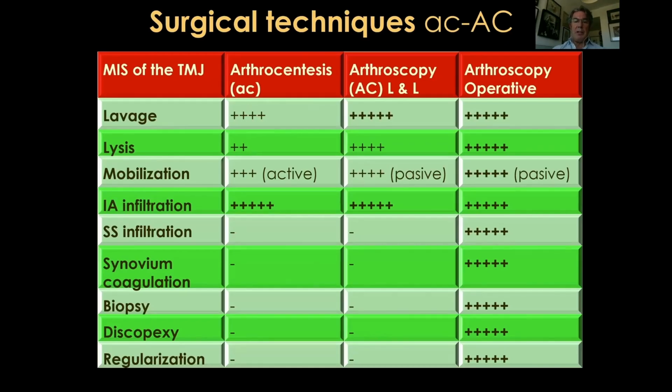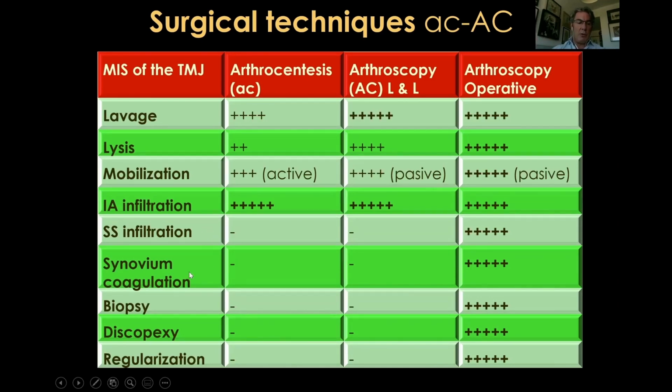When we compare these 3 techniques, arthrocentesis, lysis and lavage, and operative, we see that lavage, for example, is done perfectly in the 3 ways, but lysis and mobilization, for example, is bigger in operative than in lysis and lavage or arthrocentesis. Also, infiltration can be done in any of the 3 procedures, but look at this. If we want to do something physical inside the joint, we have operative arthroscopy.